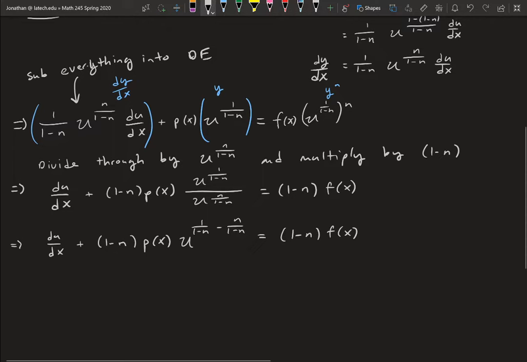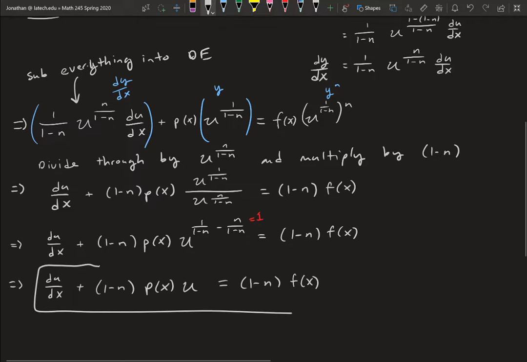Notice you have 1 minus n over 1 minus n, so this is just going to be 1. And it is now a linear equation in terms of u. So du dx plus 1 minus n p of x, u to the first power equals 1 minus n f of x. So that's our Bernoulli equation after we make the substitution.